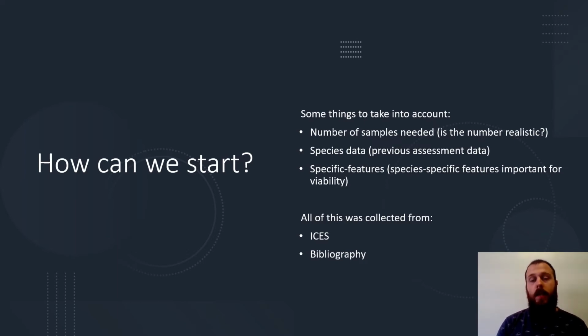That will help us to know approximately how much we will need to sample, as we will later see. And then we have to also know specific features from that species, like the ones we mentioned before in the image, such as longevity or fecundity. All this data was collected from ICES reports, and for more specific data, we looked for further bibliography.